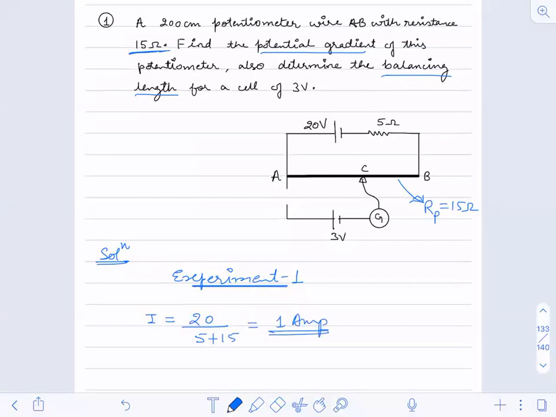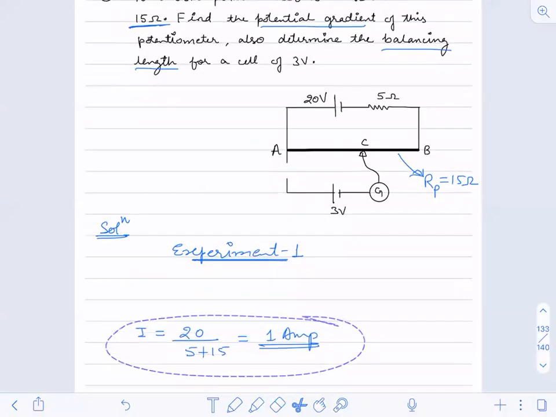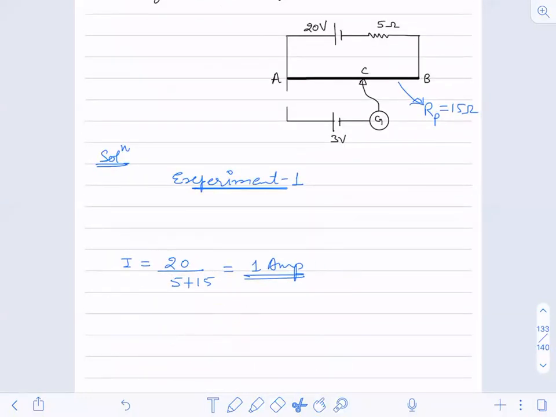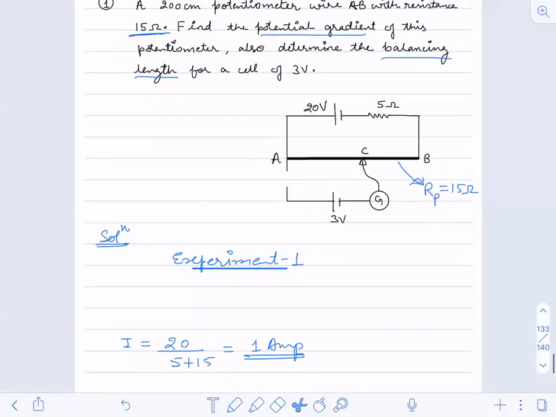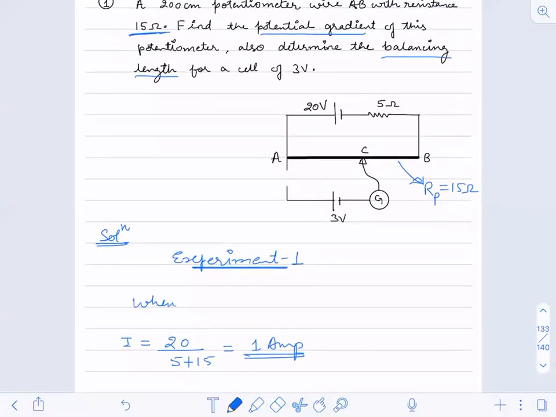This is the current flowing when the lower circuit is not connected.